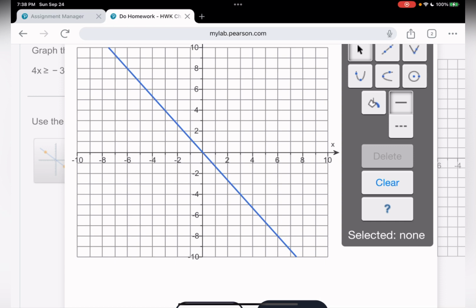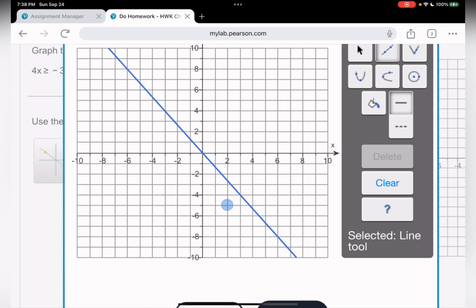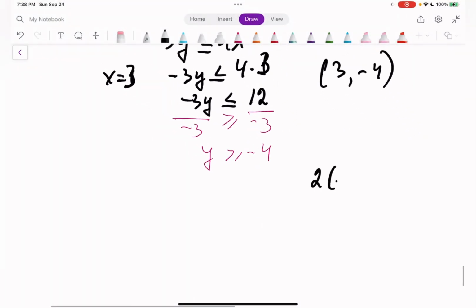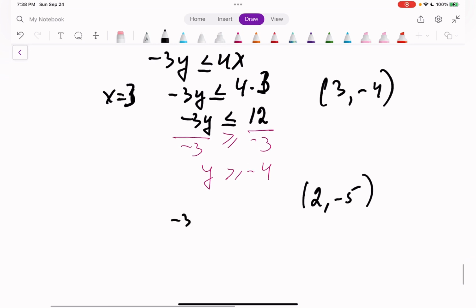Let me see. I'm going to take this point, point 2 and negative 5. So negative 3y less than or equal to 4x.